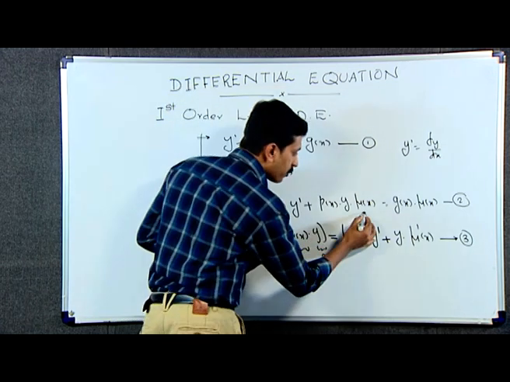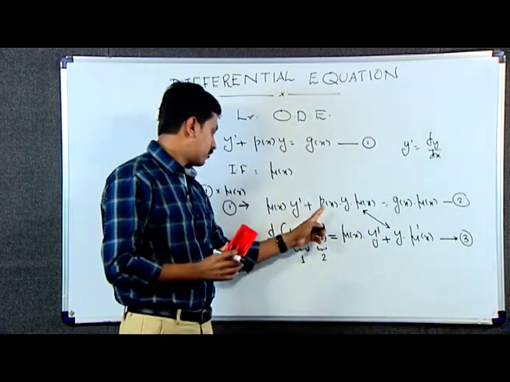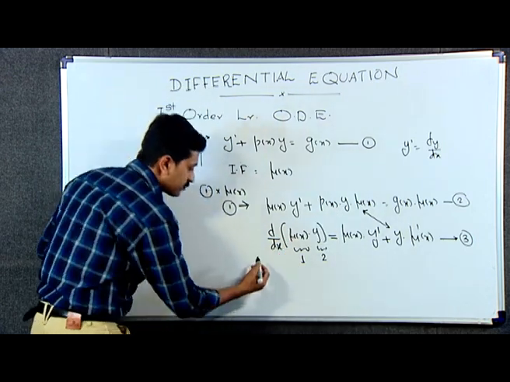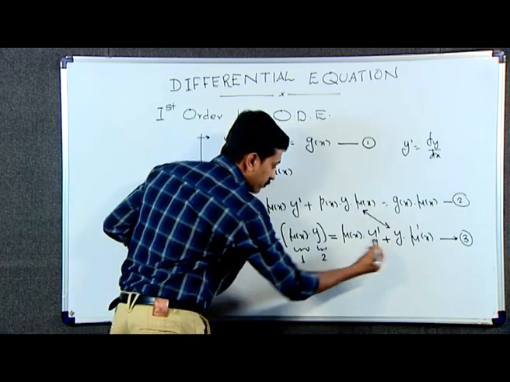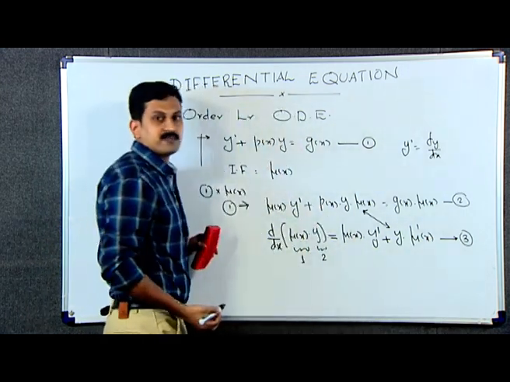The left side of equation 2 we are treating as the derivative of mu(x) y, which is the right side of equation number 3.